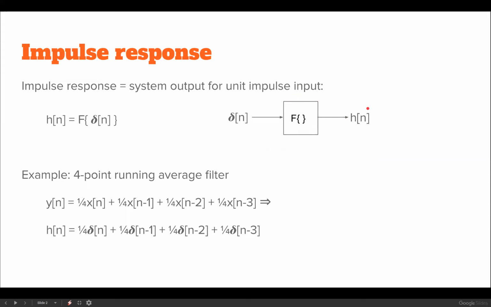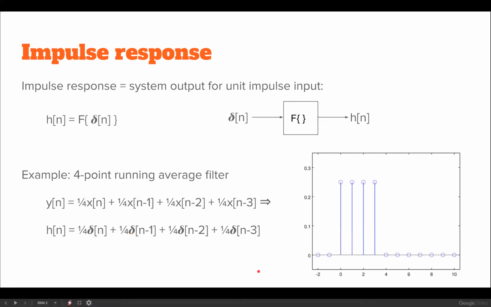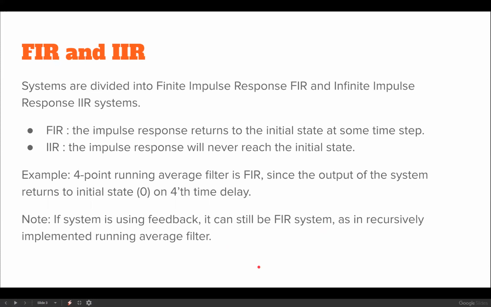So for example, for a 4-point running average filter, where the difference equation is something like this, the impulse response is simply you replace x with delta and it looks like that. So that's what comes out from a 4-point running average filter.